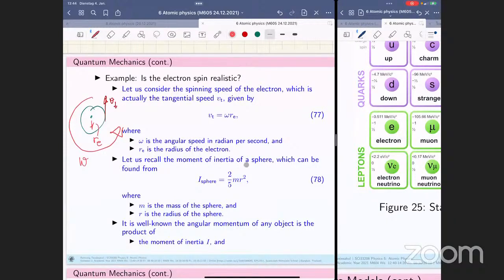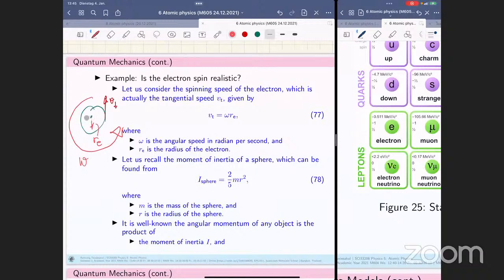Let's recall the moment of inertia of a sphere. If you go back to material 4, material 5, you have heard this before. The moment of inertia of any geometrical shape, for example the sphere here, is I sphere equal to 2/5 m r squared, where m is the mass of the object.